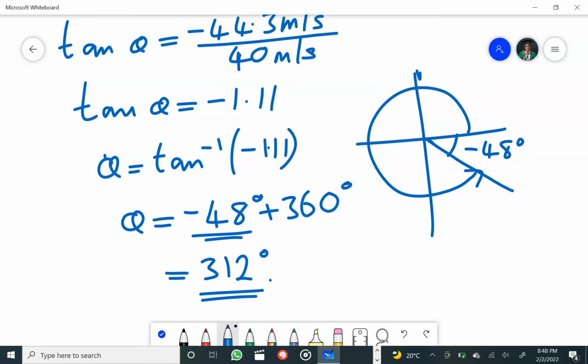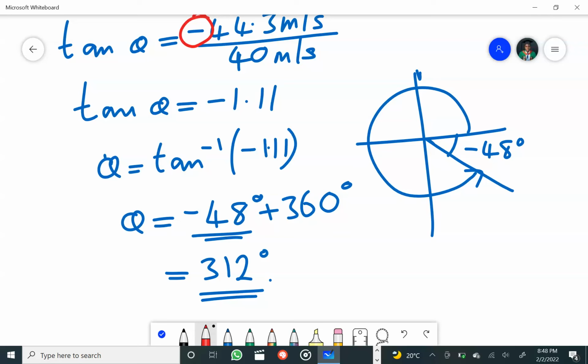But there's another way. I think that's the method I showed you when we were doing vectors, where I don't put that negative. I just write all the numbers as positives, irrespective of what numbers I have.